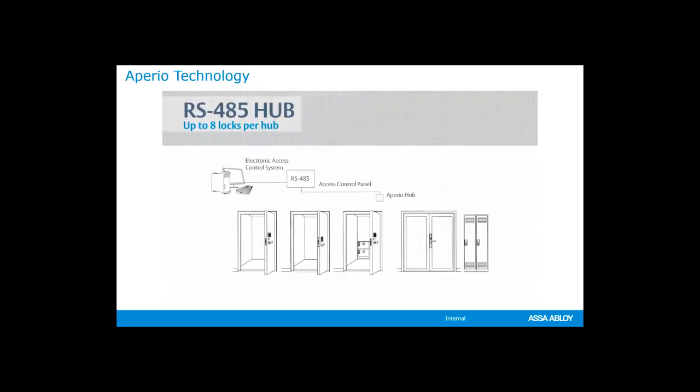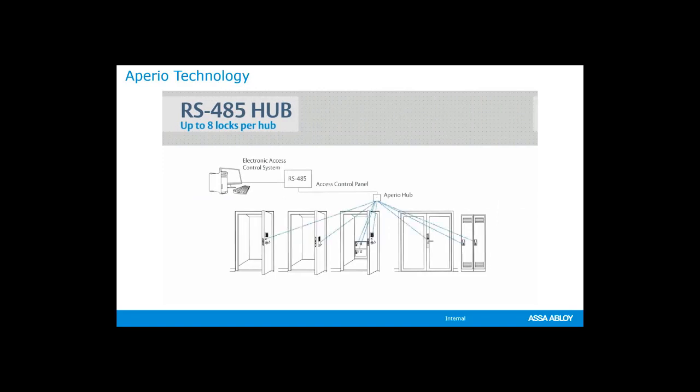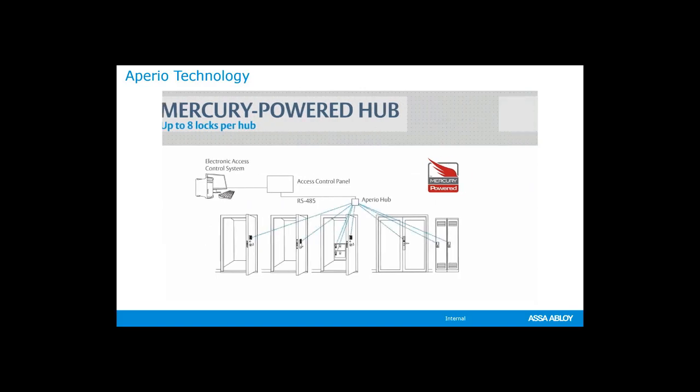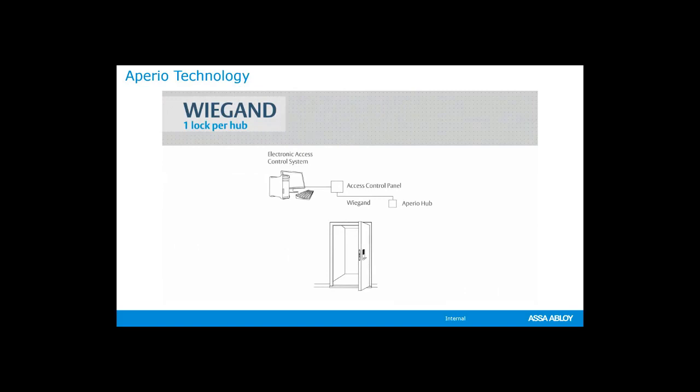The RS-485 hub connects to an RS-485 access control panel and supports up to 8 locks per hub. The Mercury-powered hub connects to any Mercury-powered controller and supports up to 8 locks per hub. The Wiegand hub connects to industry-standard Wiegand access control systems and can support a single lock.